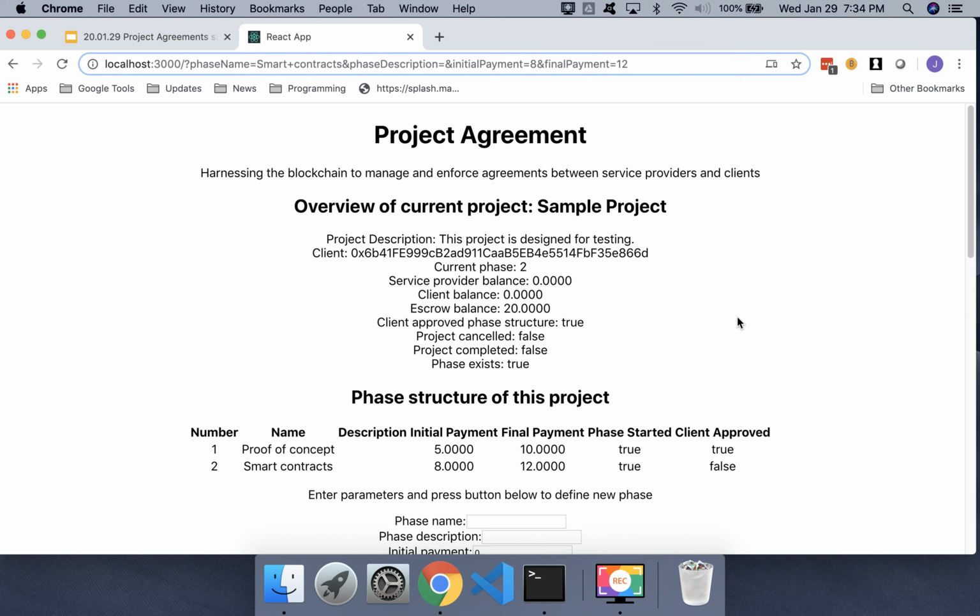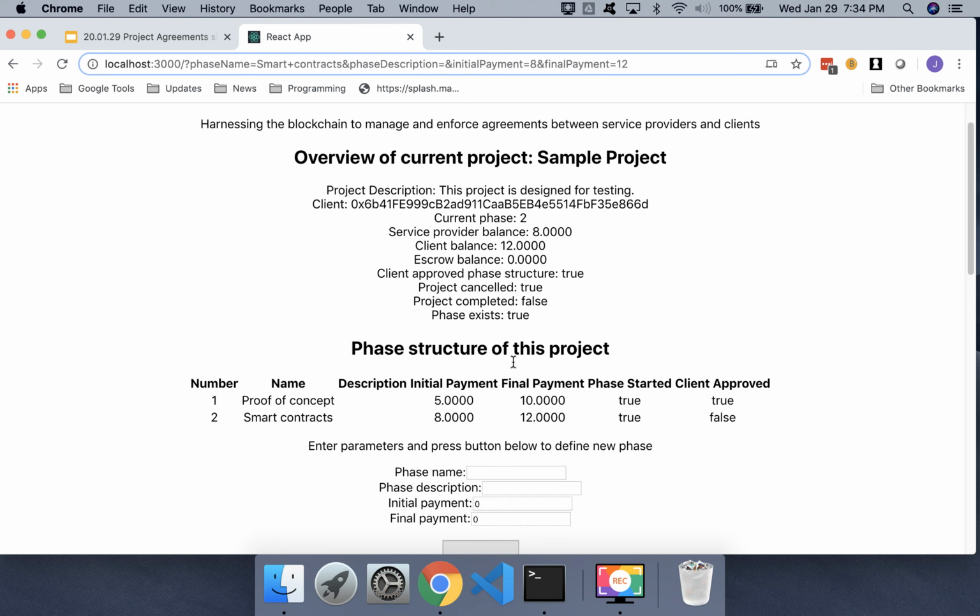Now let's give the blocks a chance to be processed, and we'll go back and see what happened. The 20 ETH that was in the escrow when the project started has now moved. 12 of that ETH has moved to the client's account, and 8 has moved to the service provider's account.